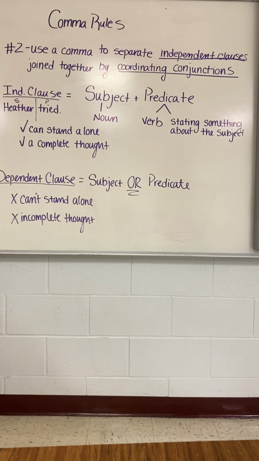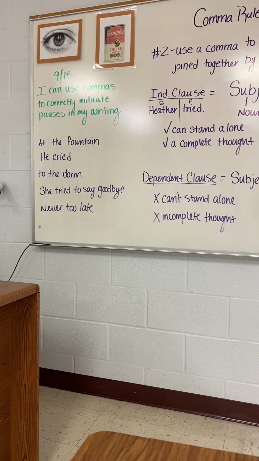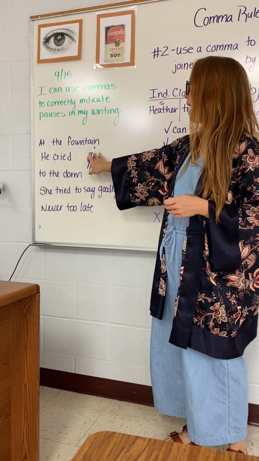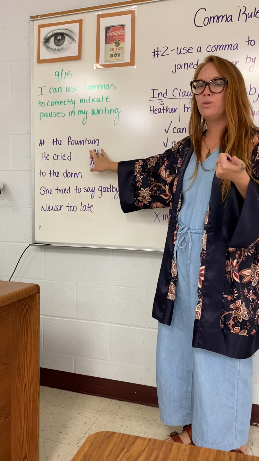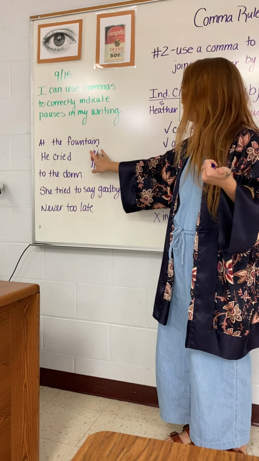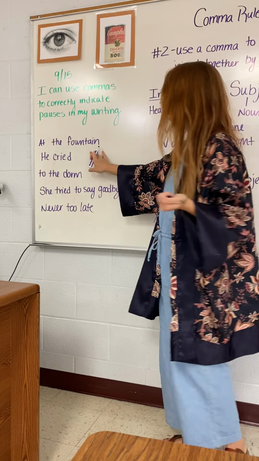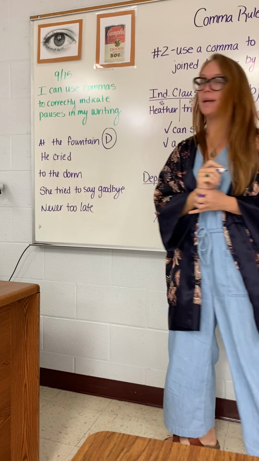So let's go back and look at those sample phrases that we wrote down. We're going to see if we can determine if they're independent or dependent. So let's look at the fountain. Do we know who's at the fountain? Do we know what they did at the fountain? Therefore, this is a dependent clause.